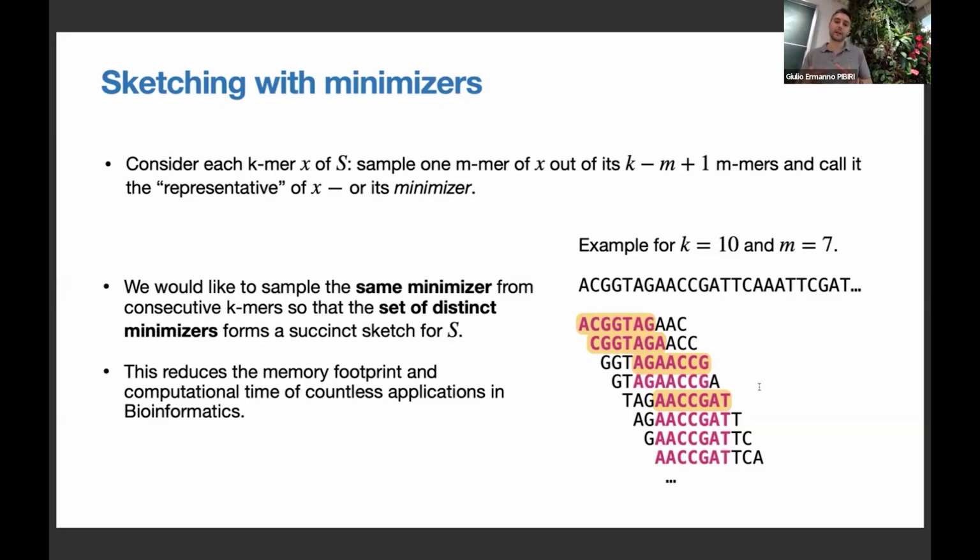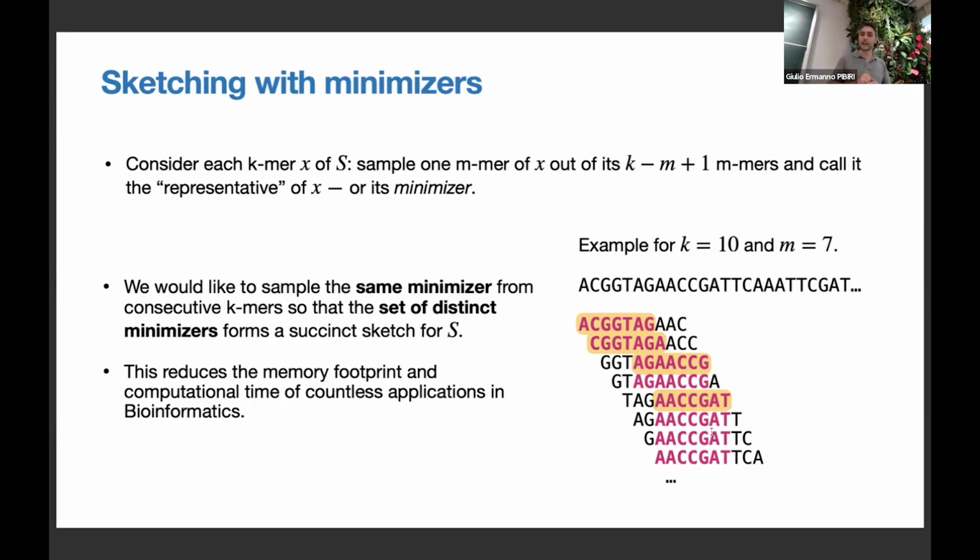So if I look at the distinct minimizers only, this set of distinct minimizers is small compared to the total number of k-mers. In this example, how many k-mers do I have? 3, 4, I have 8 k-mers. Of course, I have many, many more, but in this picture, I have 8 k-mers.